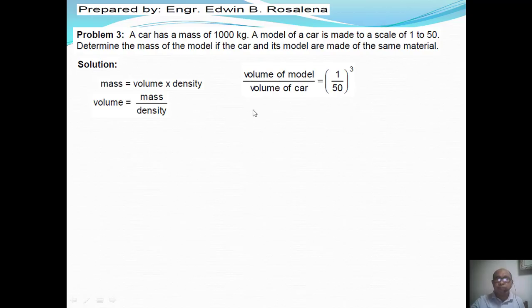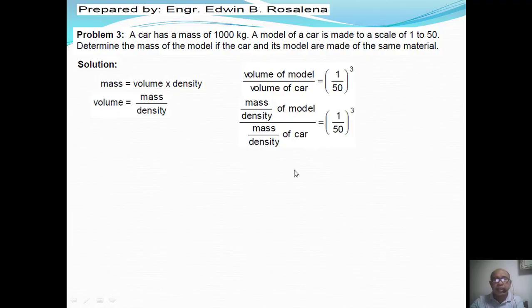But we can substitute volume of model equal to mass over density of model. Volume of car can be replaced by mass over density of car. But notice, the car and the model are made of the same material, so the density will simply cancel out because they are equal.